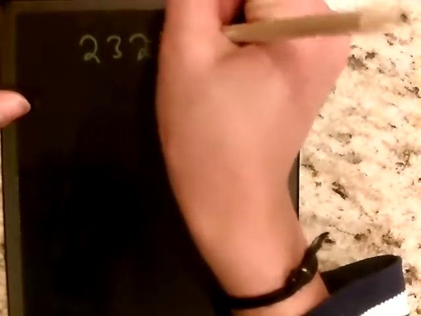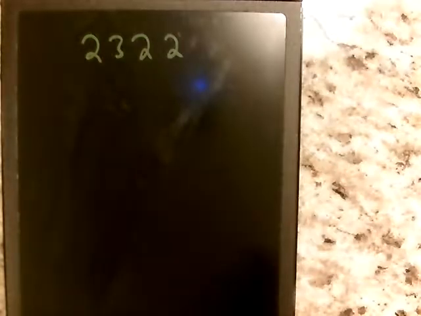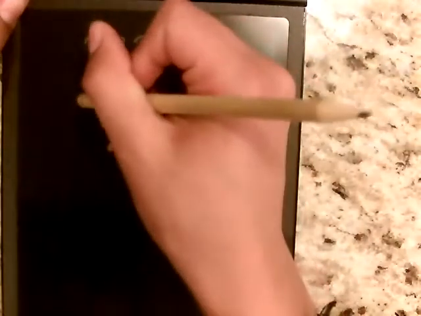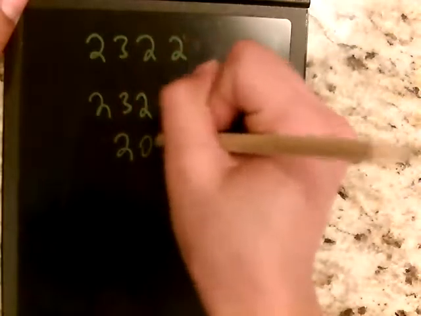And so instead, let's do 43 times 54. That's 2,322. And let's take the last digit, which is 2, multiply it by 13, that's 26, that's 232 minus 26 equals 206.